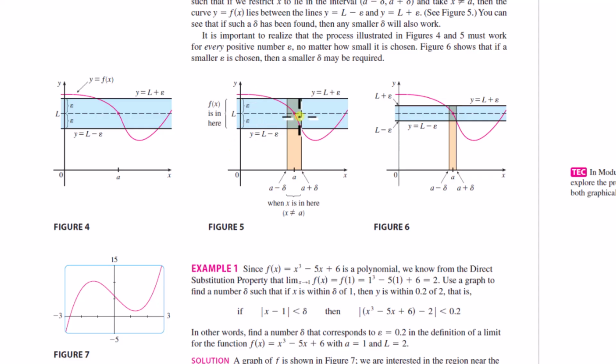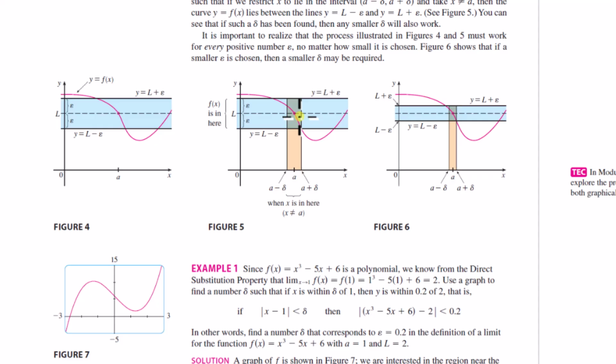Now, you might be thinking, well, wait a minute, doesn't this create some ambiguity? Like, okay, the total input interval width is 2 delta, but then the total output interval width could be either 2 epsilon or just 1 epsilon. Don't we need to make the distinction for a specific limit problem? Well, no, the answer to that question is that it doesn't matter either way.